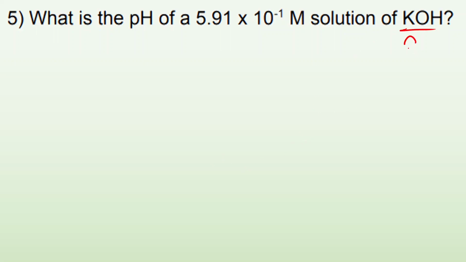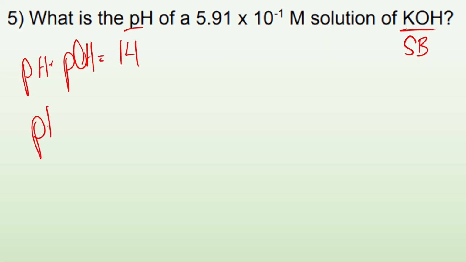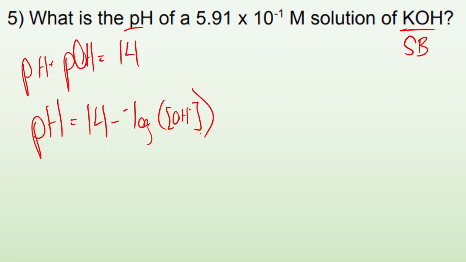All right, same kind of issue here. They gave me a strong base, and they want the pH. So again, I know that pH plus pOH has to equal 14. And they're giving me a base, so I've got to solve for pH. I get pH equals 14 minus pOH, which is the negative log of the OH minus ion concentration.